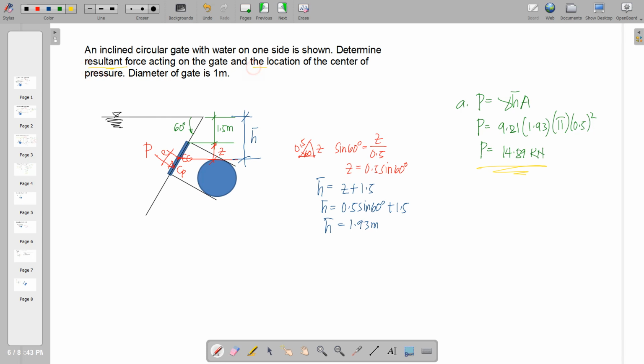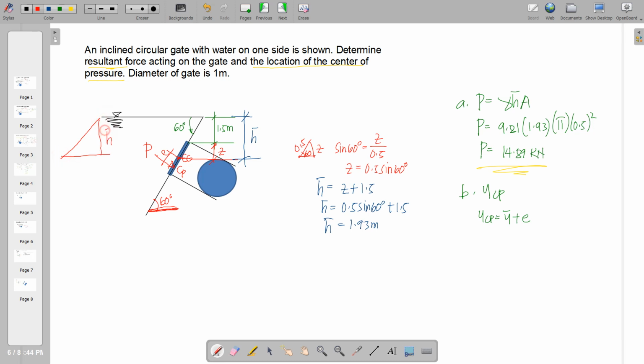So the second unknown is the location of the center of pressure. Again, this refers to YCP. And YCP is equal to Y bar plus E. Again, we can relate to the triangle of Y bar and H bar. Now this slope is inclined with the horizontal at 60 degrees. So we draw a horizontal line here. Therefore, this is also 60 degrees. So we can use that in the triangle to relate H bar and Y bar.